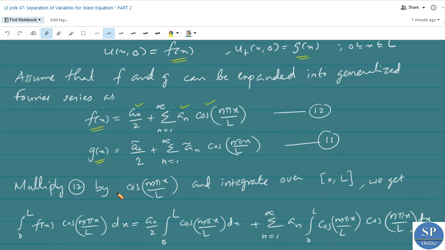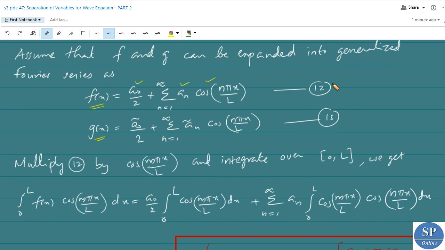For that, first we multiply equation number 12, that is the expansion of f of x, by the eigenfunction cos m pi x by l, and integrate over the interval 0 to l.